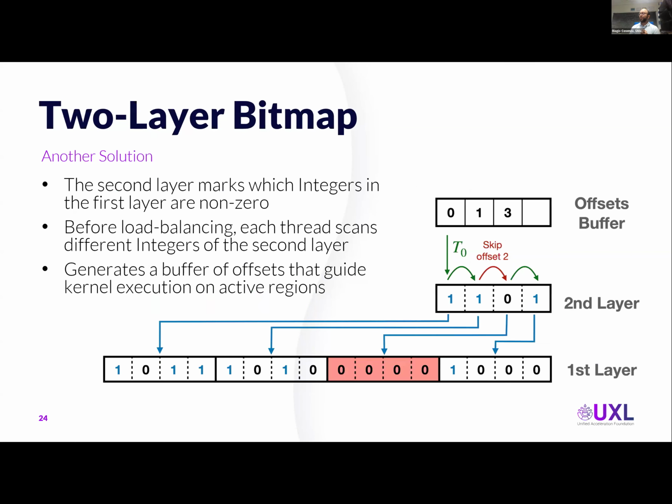Well, we use a trick. We have a second layer of bitmap, and if there is a zero in the second layer, this allows us to skip a whole integer in the first layer. In this way, we can handle the sparsity of the dataset much better. This is another novelty that no one did before. This also allows us to be faster than existing frameworks like cuGraph.